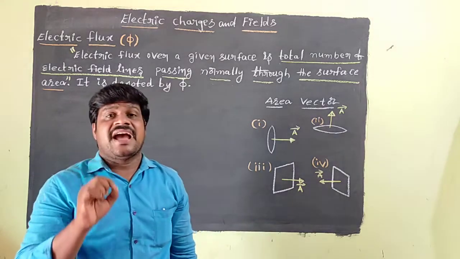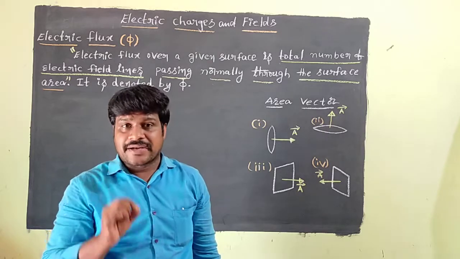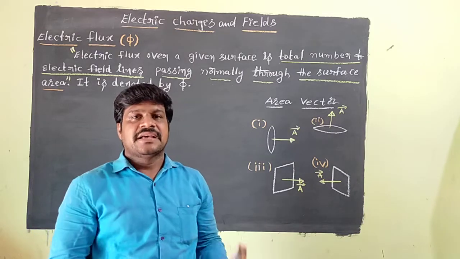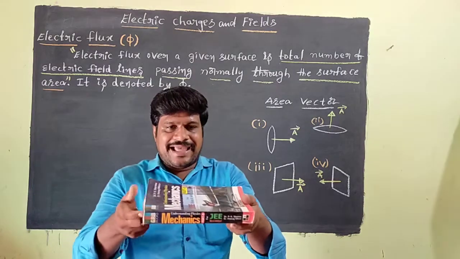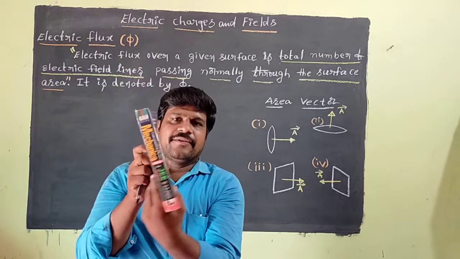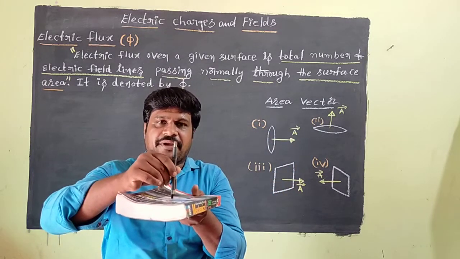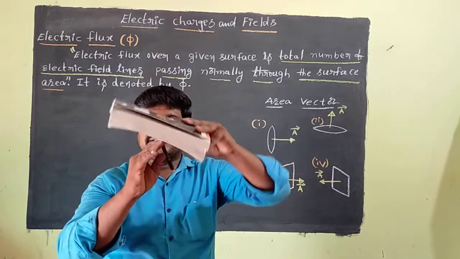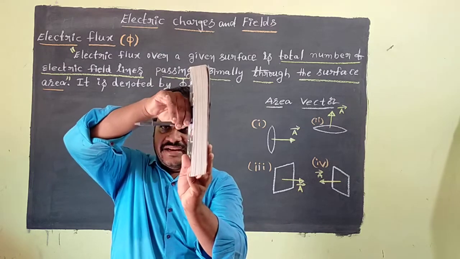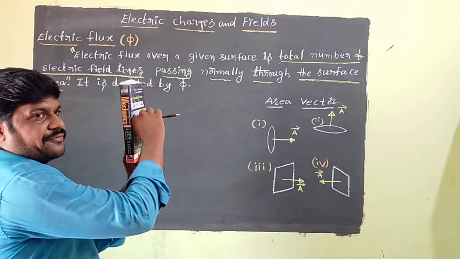That means area is a vector quantity. Small areas can be considered as vector quantities. Its direction is always normal to the surface. In these four cases, like this, like this, like this and like this: in the first case, this is the direction of the area vector; in the second case, this is the direction; in the third case, this is the direction; and in the other case, this is the direction of the area vector.